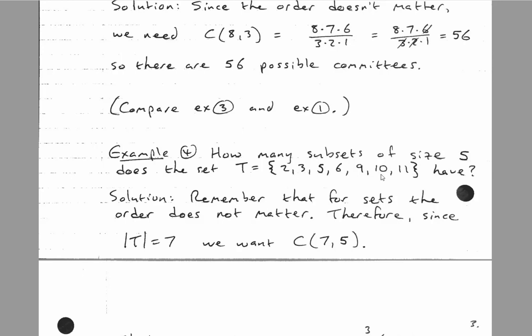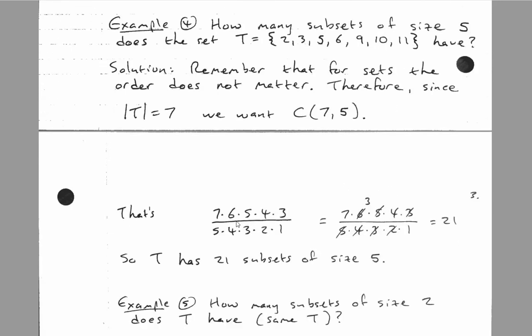Usually we list in increasing order for numbers, but this would be the same set if we switched the order around. Okay, so we're choosing 5 things from 7, and we don't care about the order, so that's a combination, C(7, 5). And by our formula, it looks like this. So 5 numbers starting with 7 and going down, and 5 factorial on the bottom.